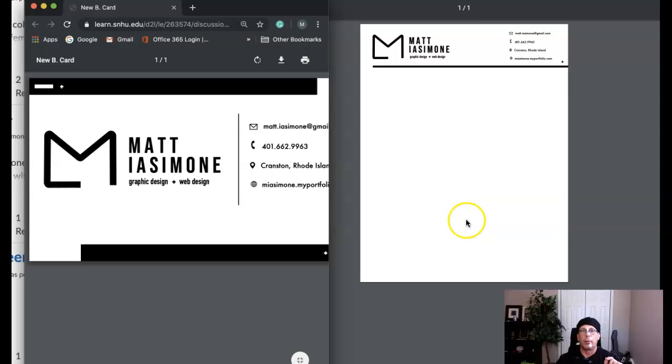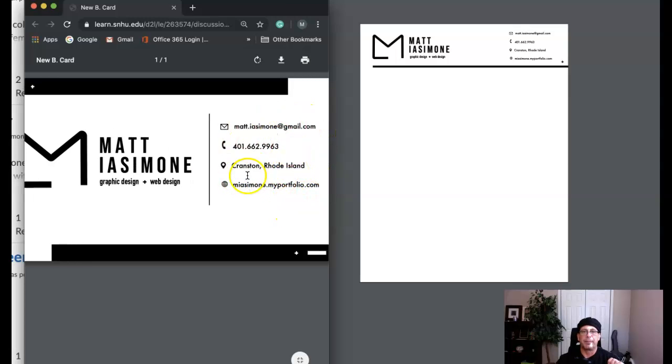Okay, so what we can see is a little bit of inconsistency. Now make sure that when you reformat your type for the business card, you duplicate the exact same thing over here. Right now, I think that there's too much space in between the contact information. I would reduce that. That's called leading. I would reduce the space in between those lines. And then the same thing here.